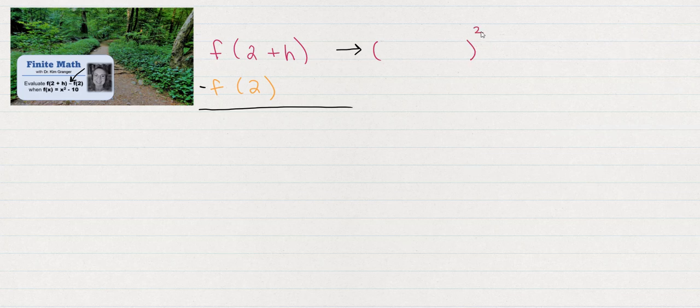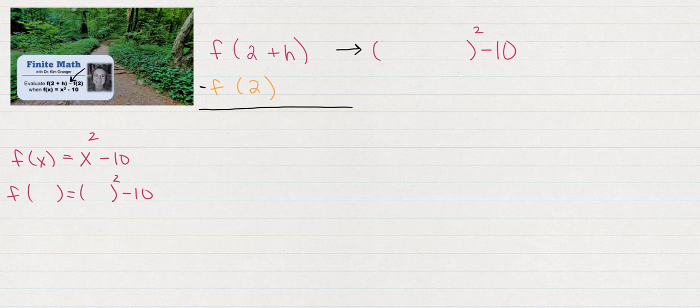So f of 2 plus h is 2 plus h squared minus 10. In place of x, we know that f of x is x squared minus 10. So f of whatever is going to be that whatever squared minus 10. The whatever, in this case, is the 2 plus h.